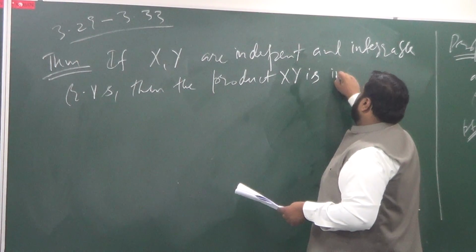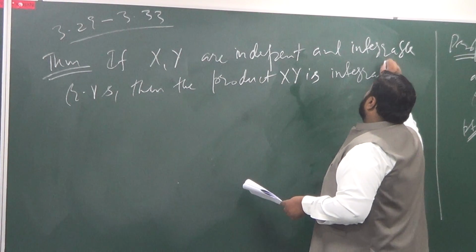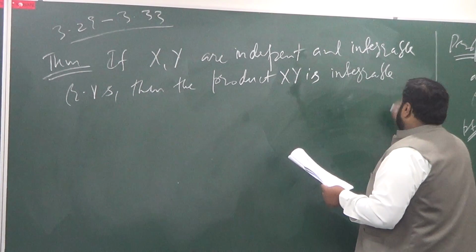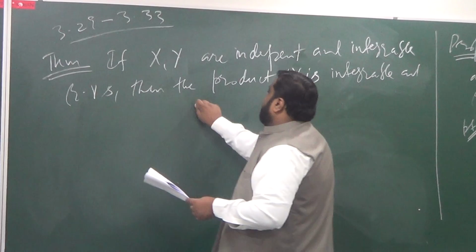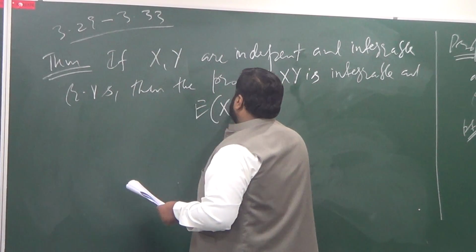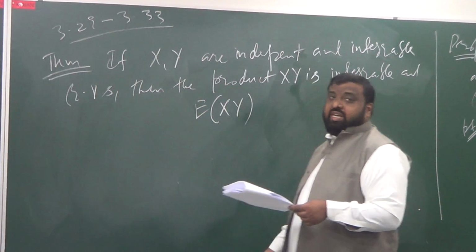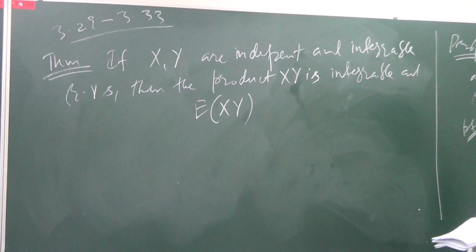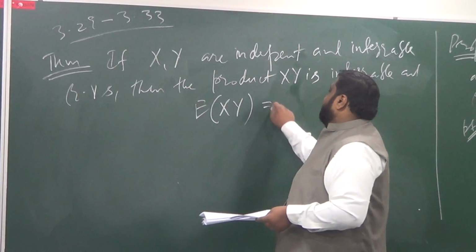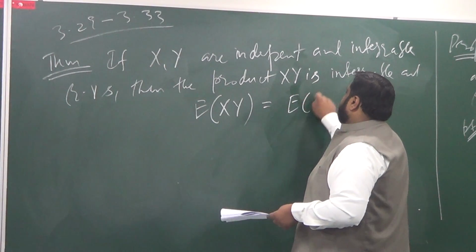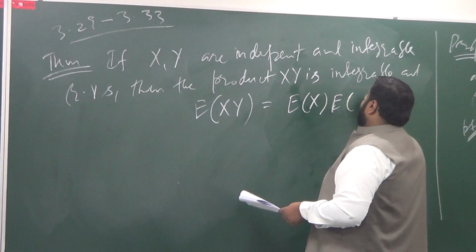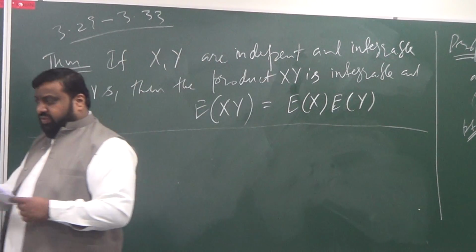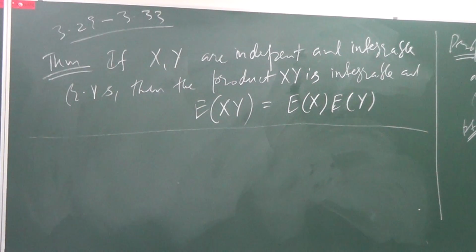And not only that, but if you integrate XY, in other words, if you compute the integral of the product with respect to the probability measure, then this must be the same as expectation of X times expectation of Y. You must go through the proof of it at least once in your life.